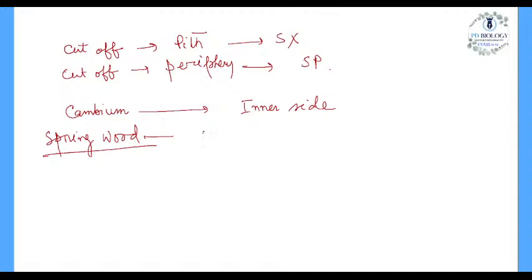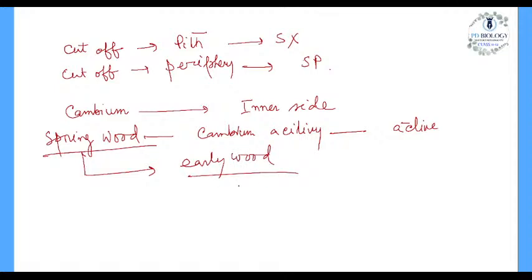Here the cambium is very active, and they form a large number of xylem elements. The wood formed during spring is called spring wood, or early wood.